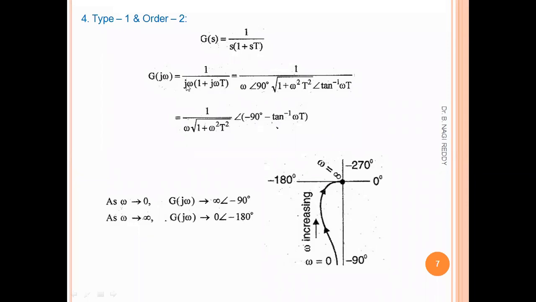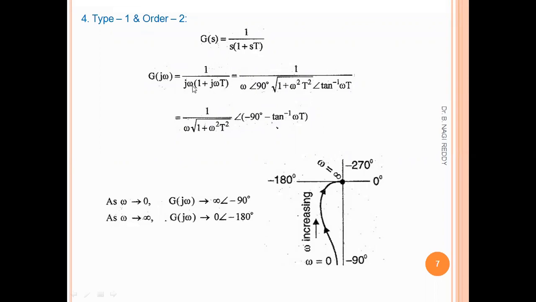So real term is 0. Imaginary term is omega. So the angle will be written as imaginary by real, right? So tan inverse of omega by 0. So tan inverse of infinity we will get. Tan inverse of infinity is nothing but 90 degrees. So that's why the angle has come here. For only an imaginary value, the angle will be 90. For a system having only an imaginary part, that is 90 degrees.